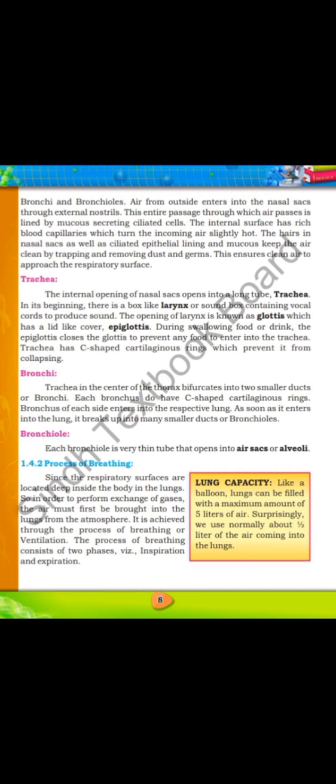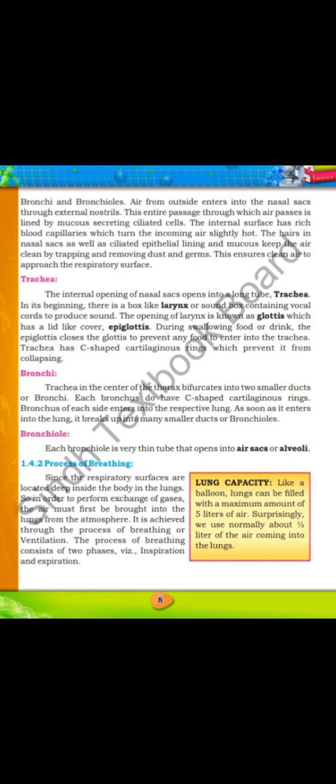Now come to the process of breathing. Dear students, since the respiratory surfaces are located deep inside the body in the lungs, in order to perform exchange of gases, the air must first be brought into the lungs from the atmosphere, and the process of breathing involves two phases.